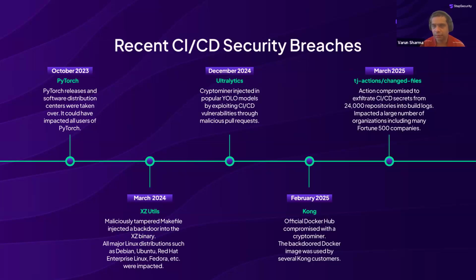These actions were dumping credentials from the runner worker memory and logging them in the build log. There have also been other incidents like the one with Kong, where their GitHub Actions workflow was compromised to exfiltrate credentials that were then used to backdoor an image, with Ultralytics, with exec-utils, and so on.